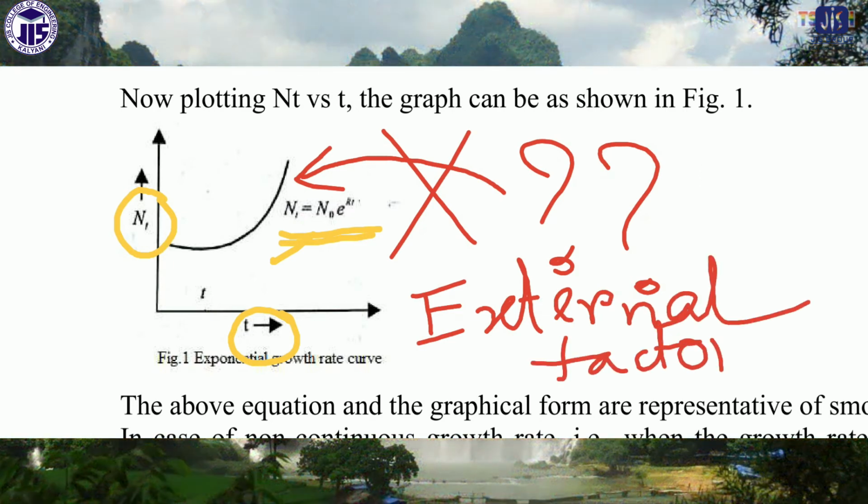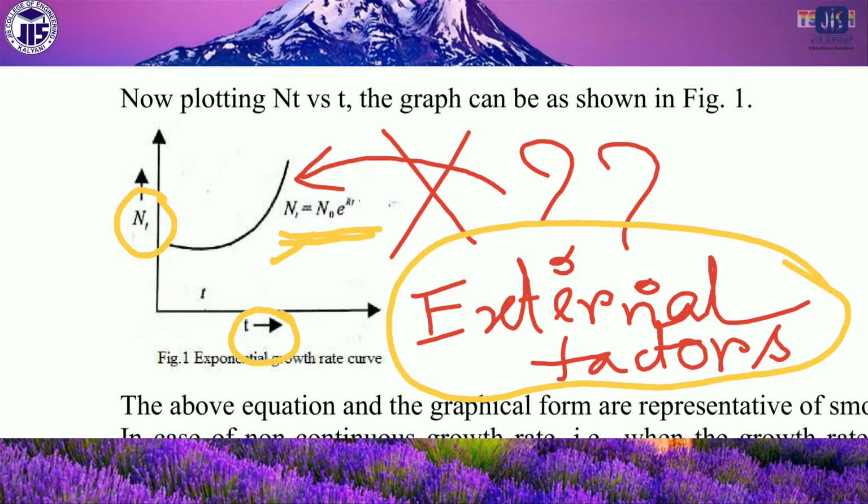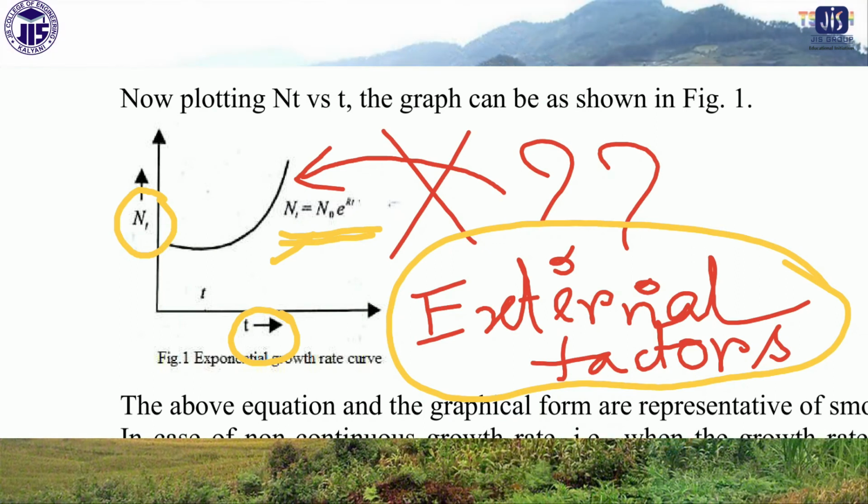Okay, what are the external factors? The first external factor is the resource. In whichever place we are considering the population growth, first of all we have to keep in mind the amount of resource present in this area.